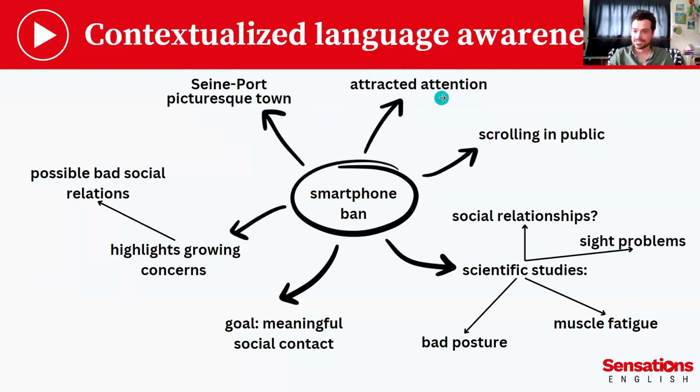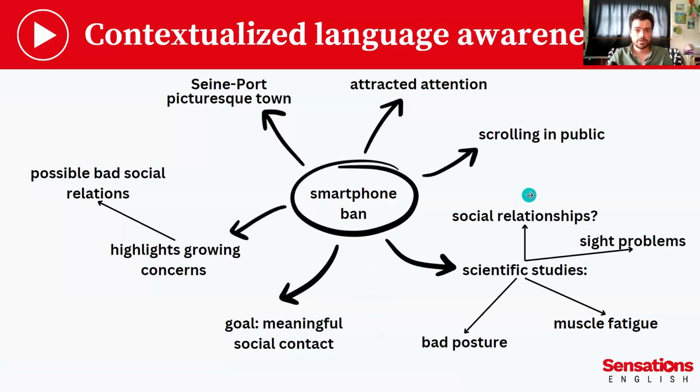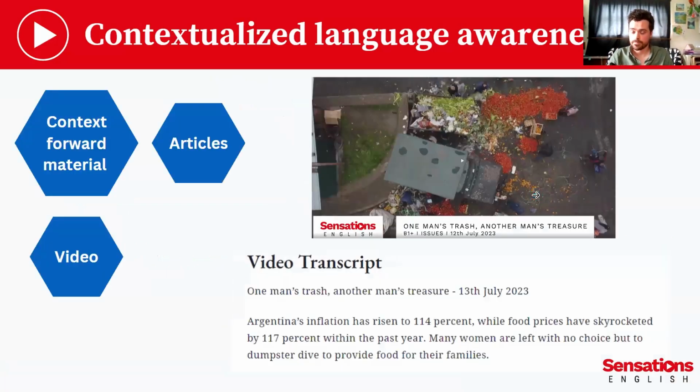You get nice collocations like attracted attention. You have things like scrolling in public. And you really focus on ideas, right? You might think about the real goal of the thing, meaningful social contact. Yeah, so language then is attached to something real. That's what's great about this type of material.